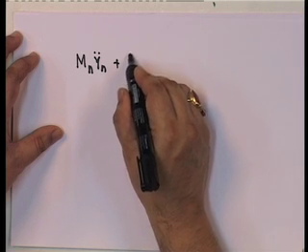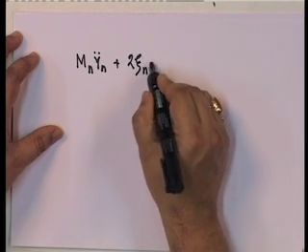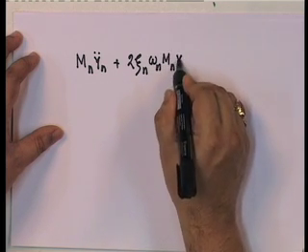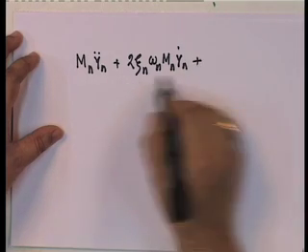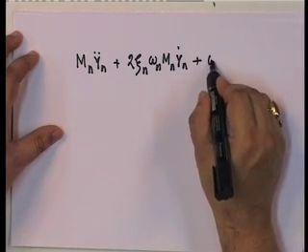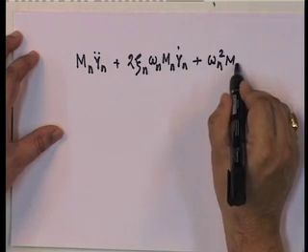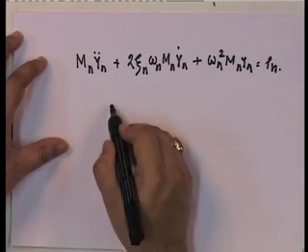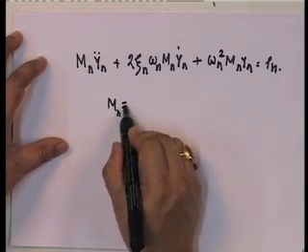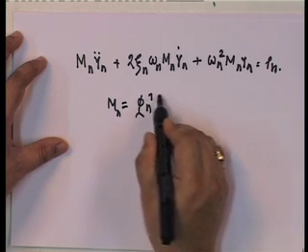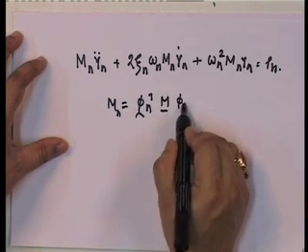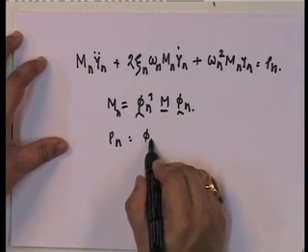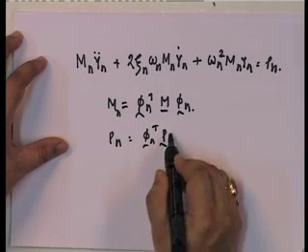And then we talked about the fact that this is how we include damping, and we also saw where m n is equal to phi n transpose m phi n and p n is equal to phi n transpose p.